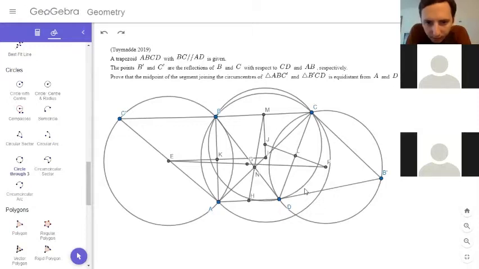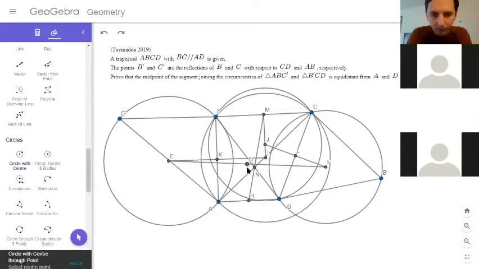Let's see. So yeah, there's a couple ways we can show GA equals GB. We can find some congruent triangles. But the thing is, it doesn't look like GEA is congruent to GDF. But maybe there's some other congruent triangle we can find.